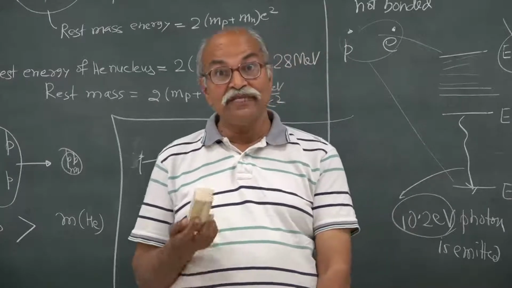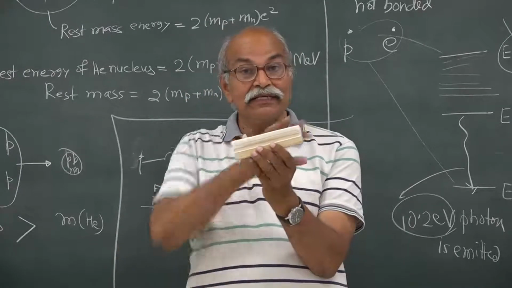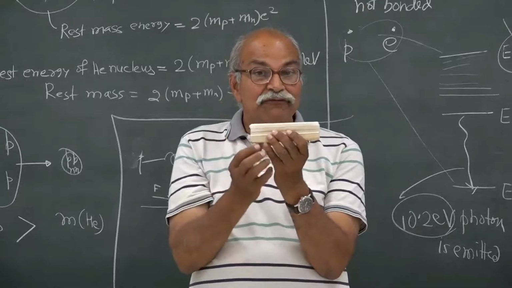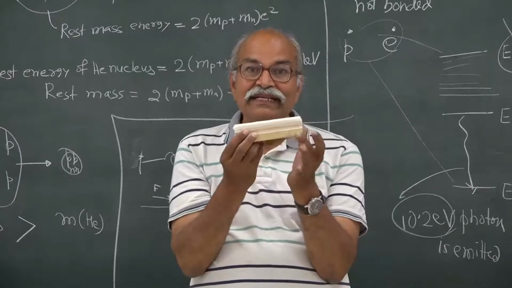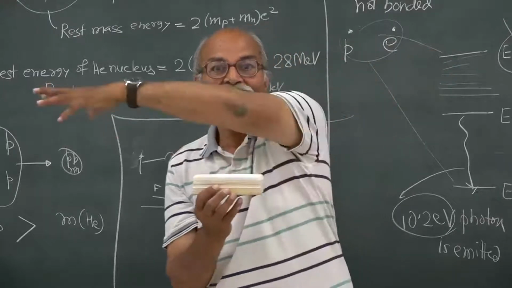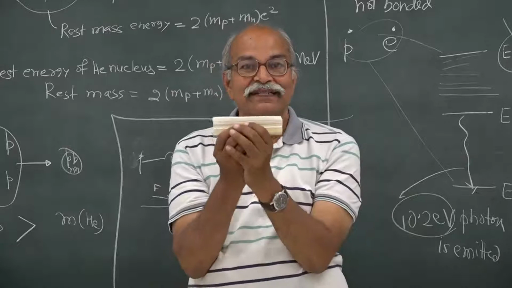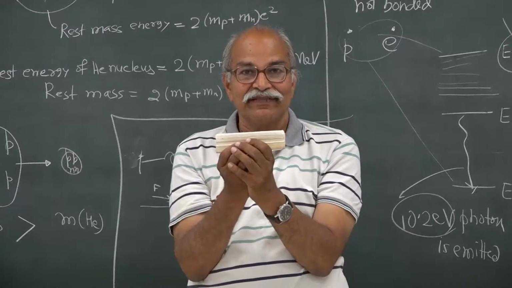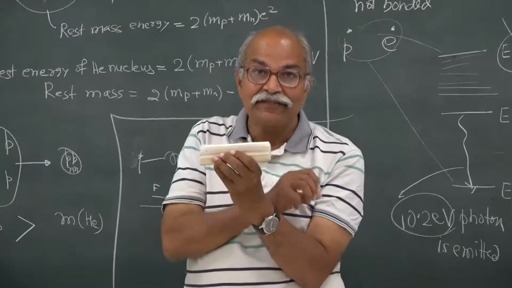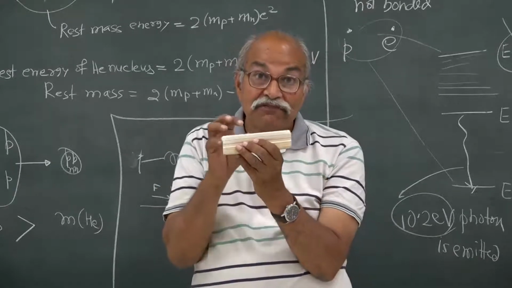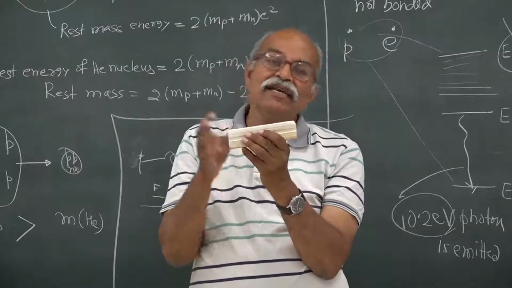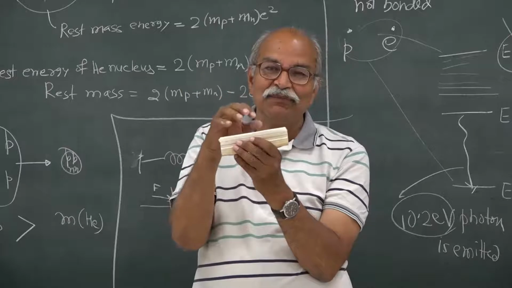Similarly, if you have an object at some temperature, with molecules inside, and you heat it and increase its temperature, the object still does not have an overall kinetic energy, it is at rest. But we have given heat energy to it. Because of that, the molecules inside this object have started moving with more speed.